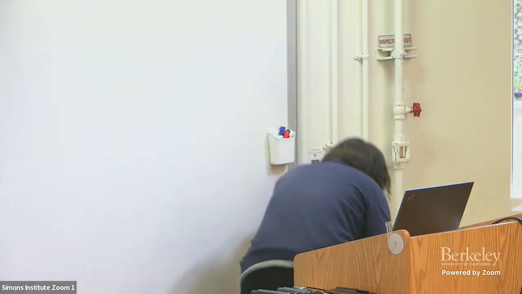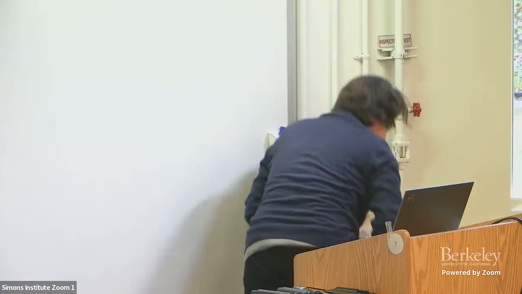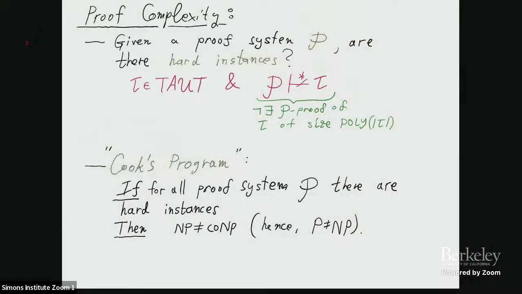And so let me repeat what we are usually doing in proof complexity. What we are doing in proof complexity, for the most part, is the following simple question. Given a proof system P, are there hard instances? Now, hard instances, so I'm going to do it quickly.